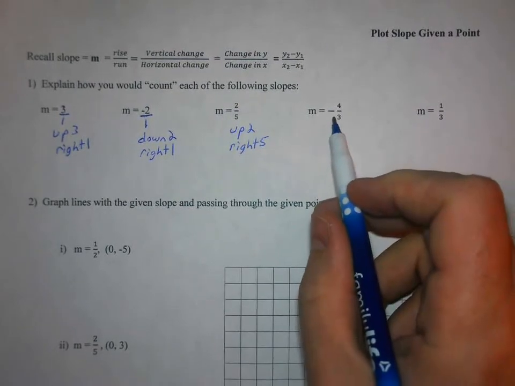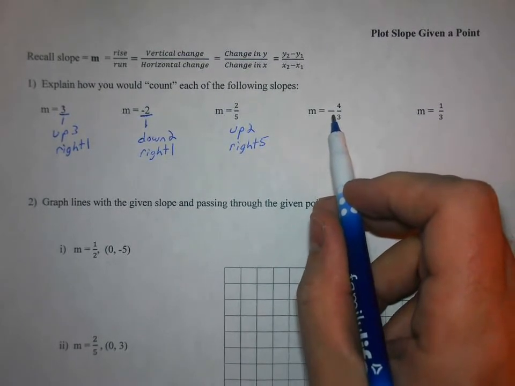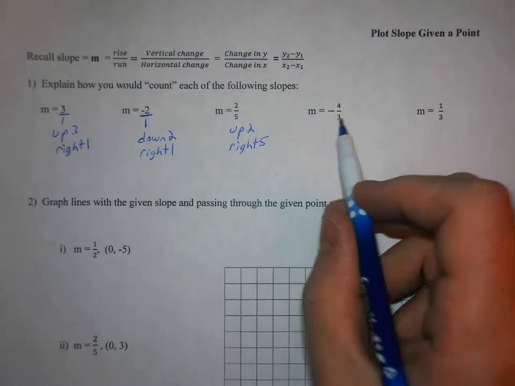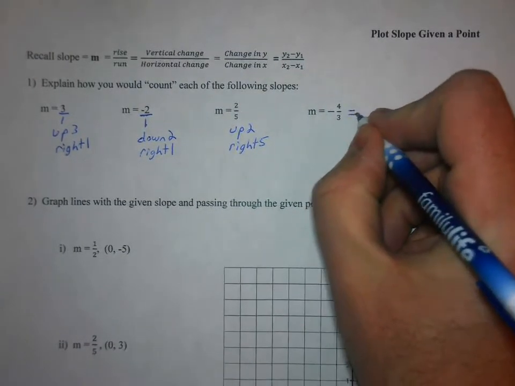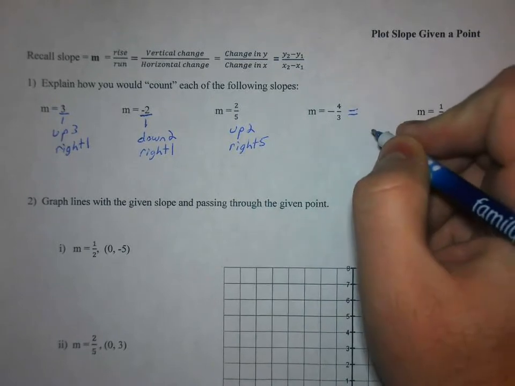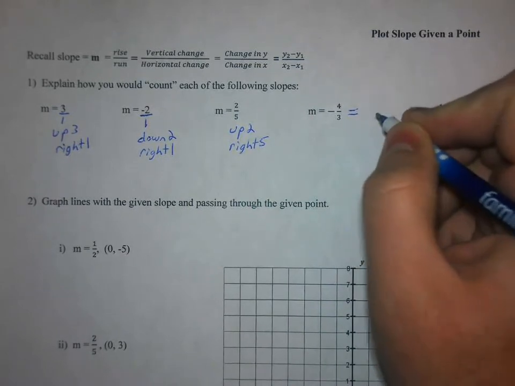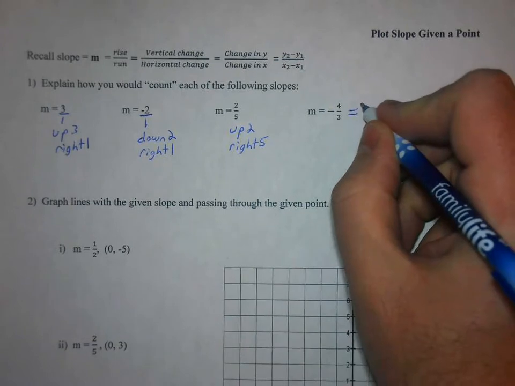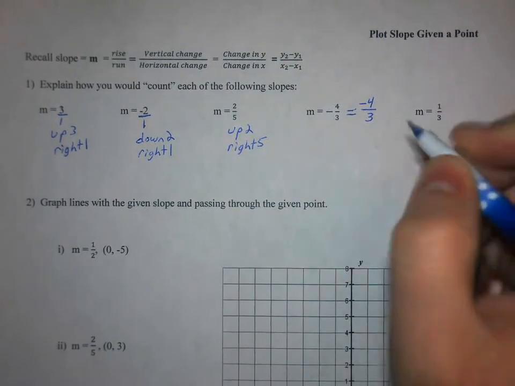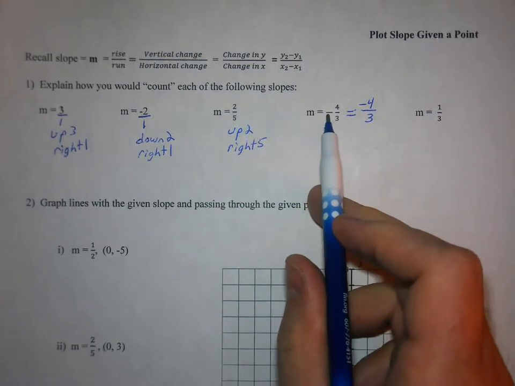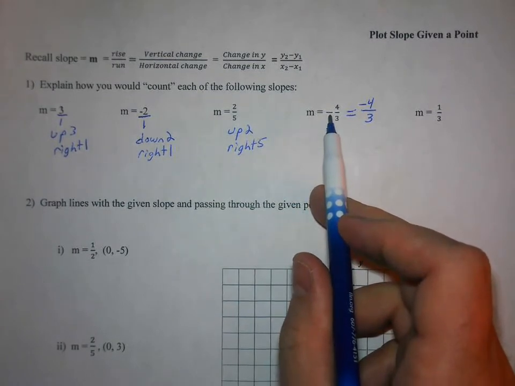The next one is one of the trickiest ones. When a slope is negative, in this case -4/3, remember to get a negative answer, that's either a negative divided by positive or positive divided by negative. So you can look at this as -4 divided by +3. That would give you a -4/3 when you simplify it.